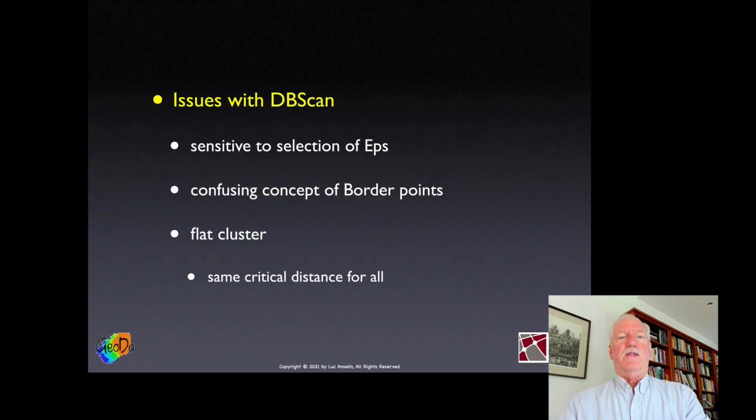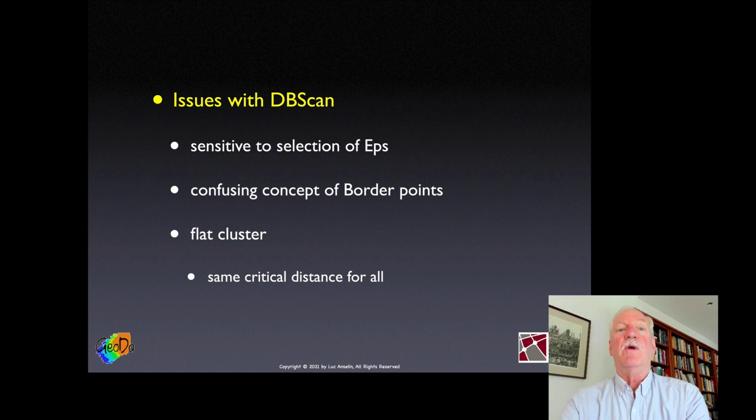So DBSCAN was great, it was easy, but it was very sensitive, and if you did the lab, you will have some sense of that, to the selection of the critical distance, the epsilon distance. And also we have this strange concept of border points, and to some extent a degree of arbitrariness as to which cluster the border points are assigned to.